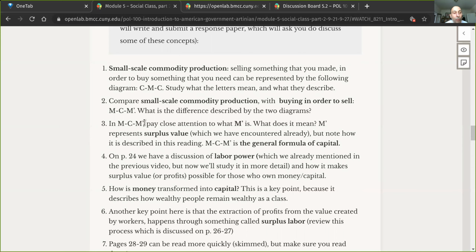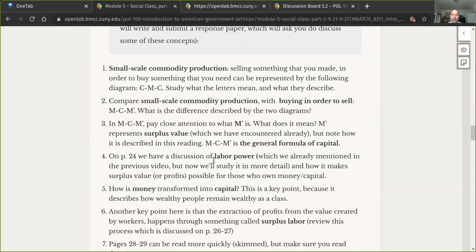In M-C-M prime, I'm calling prime the little tick, or M-C-M plus, you can say. Pay attention to this M plus or M prime. What does it mean? The reading describes that this M prime refers to surplus value, which we already encountered in our study. And this, by the way, as you'll find out, is the general formula of capital.